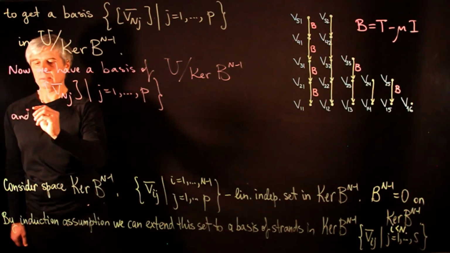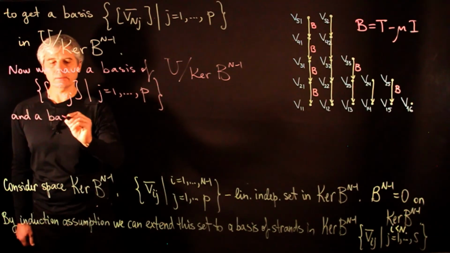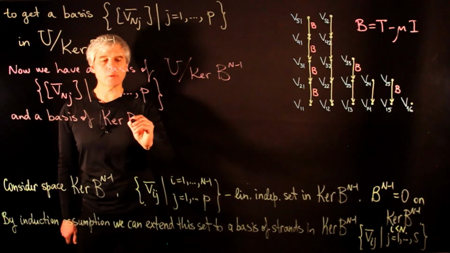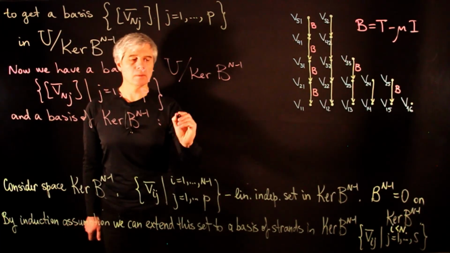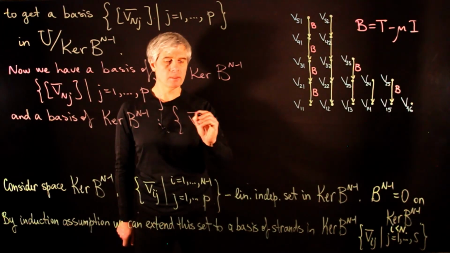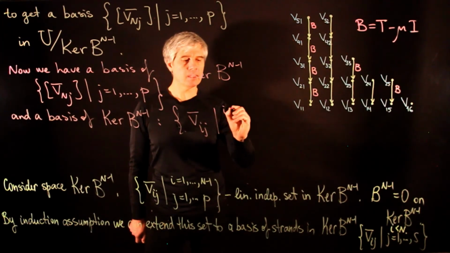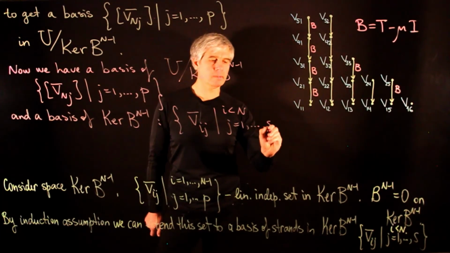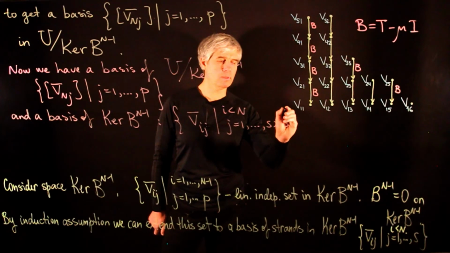And a basis of the kernel of B to the n minus 1, which is the set v_ij, where i is less than n and j goes from 1 to s, which is greater or equal to p.